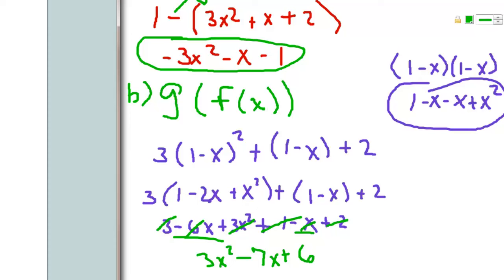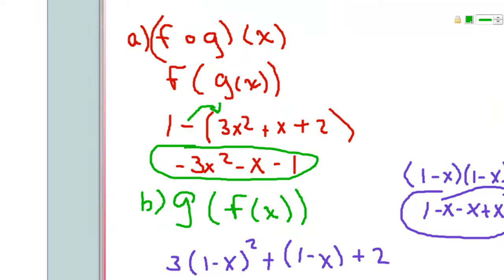Let's go next. All right, so for part C, this one says f of g of 2. So that's really just plugging 2 into what we did in part A. So let's plug in the 2. So negative 3 times 2 squared minus 2 minus 1.